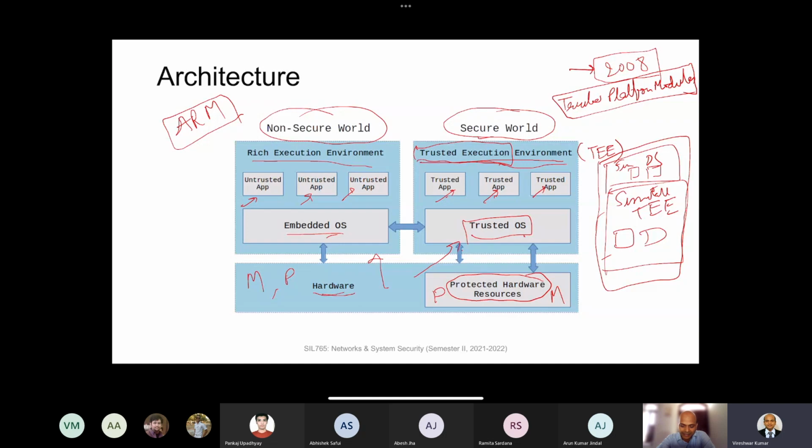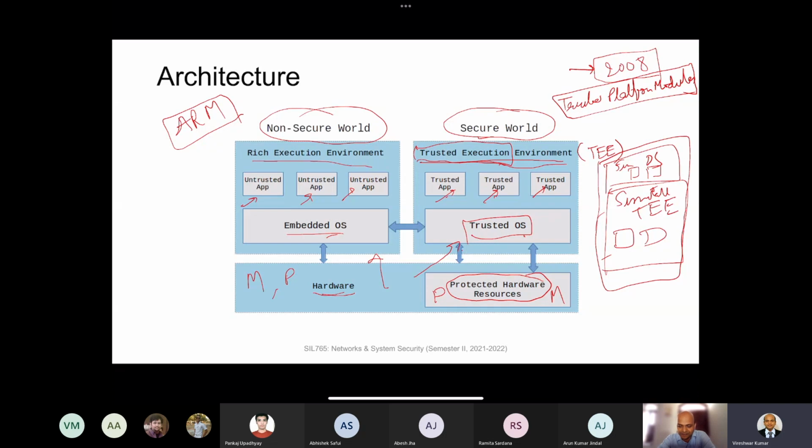So it is more about reconfigurability and user friendliness that has actually stopped this idea of trusted execution becoming very, very popular. So yeah, I guess that is the fundamental problem.